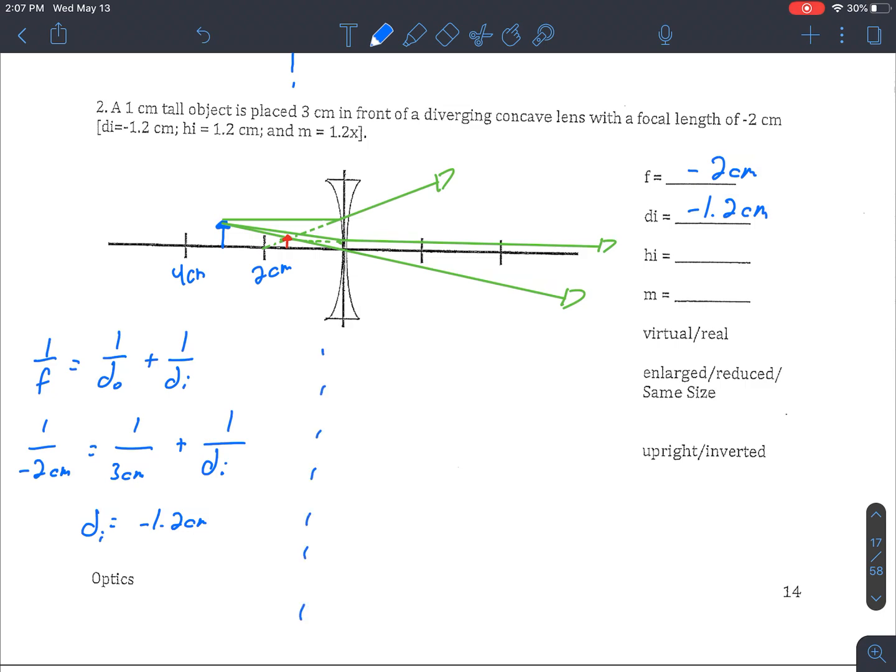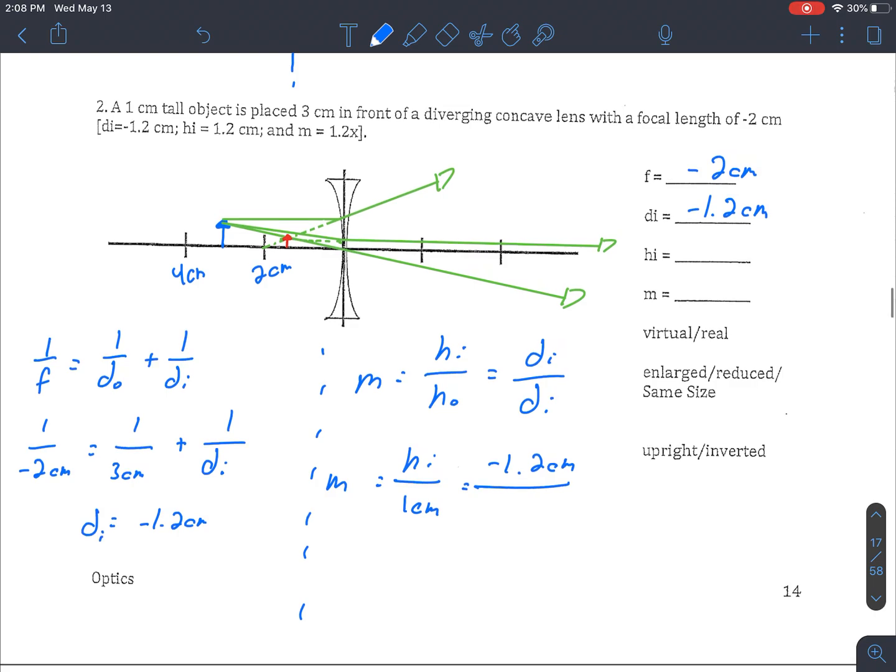Then as far as heights, magnification equals hi over ho, equals di over do. And then again, depending upon what you have, we don't have the image height because we can't measure it. Object height we know is 1 centimeter tall. The image distance we just calculated. So our object distance was 3 centimeters.